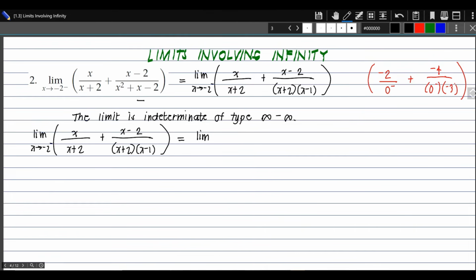It will be equal to, the LCD is x plus 2 times x minus 1, and the numerator will become x times x minus 1 plus x minus 2.